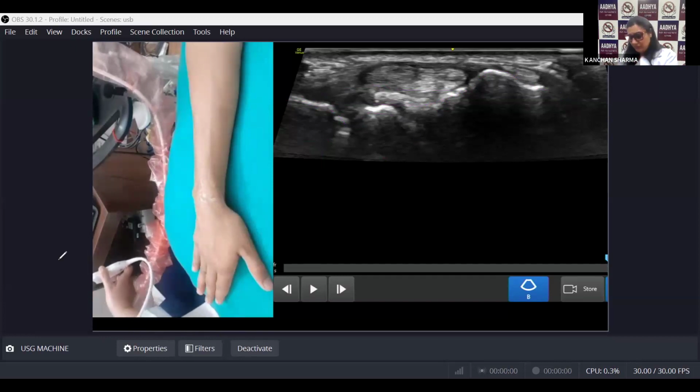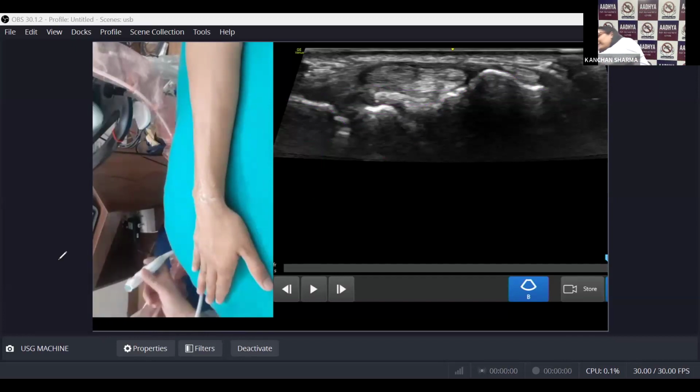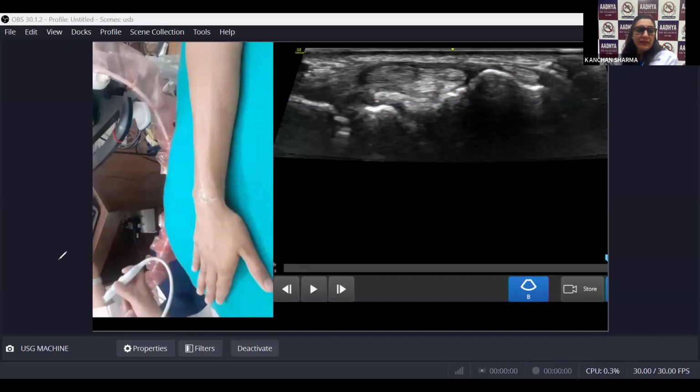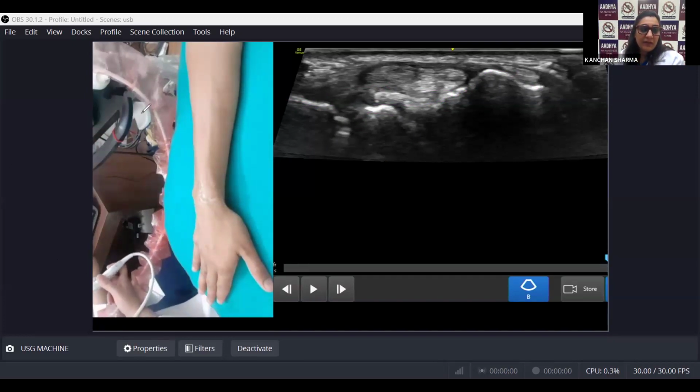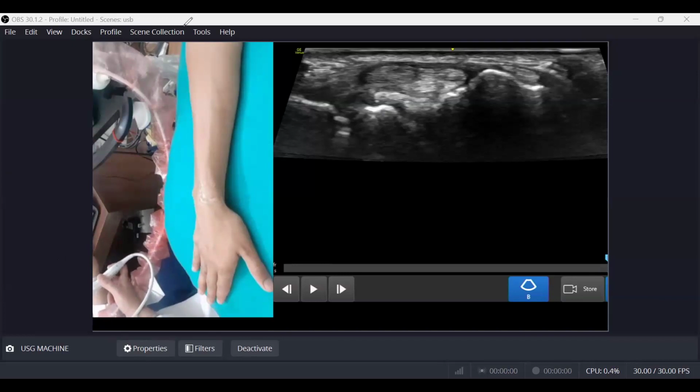Anyone? No one wants to answer. Very sad. Dr. Arindam, have you seen this? Scapholunate ligament. Can you repeat, please? I seem to be lost a bit there.